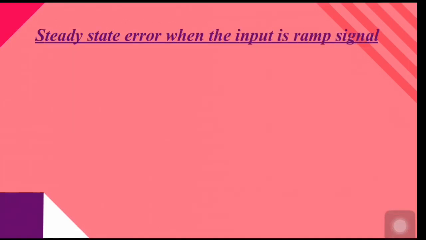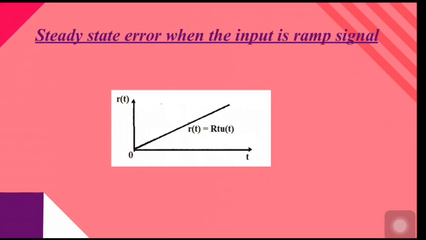Next we are going to consider a unit ramp signal. That is, we are going to do the analysis of steady state error for different types of system when a ramp signal is applied at its input. As you know, this is the waveform of a ramp signal and it can be mathematically expressed as r(t) is equal to r t u(t).